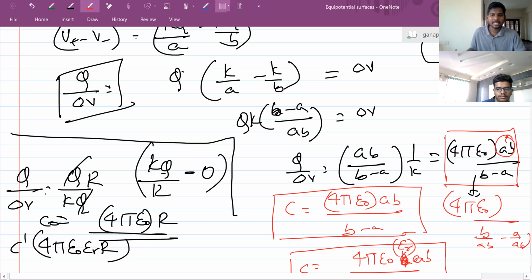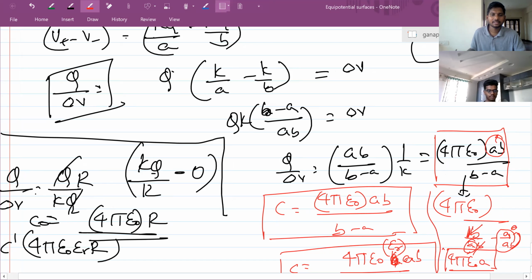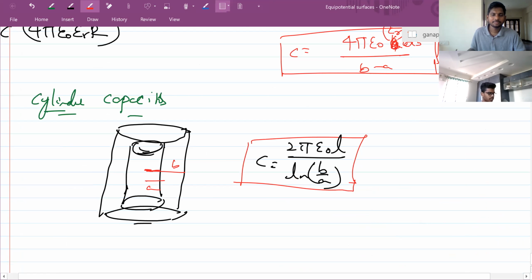B gets cancelled. B is infinite, so can I consider A very small? A by AB is 0. What is left is 1 by A. If it goes upside, it becomes 4 pi epsilon naught A, which is nothing but the radius of that sphere: 4 pi epsilon naught R.